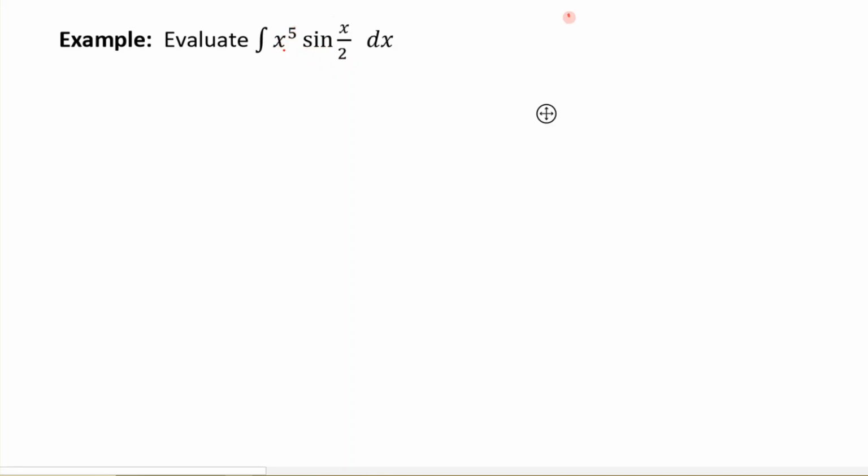Or if you want, you can use the rule of thumb that we discussed in the last video. Since in this one algebraic comes first, whatever comes first should be your u, and trigonometric comes after, so whatever comes after should be your dv.